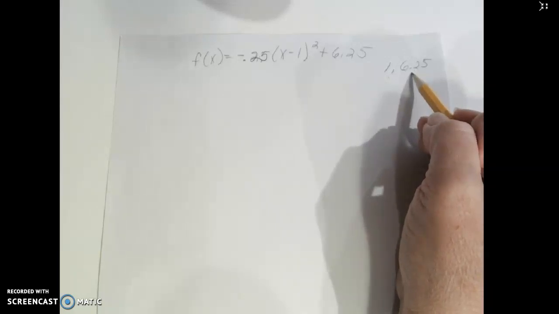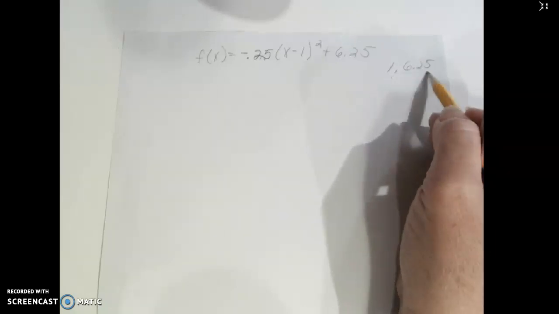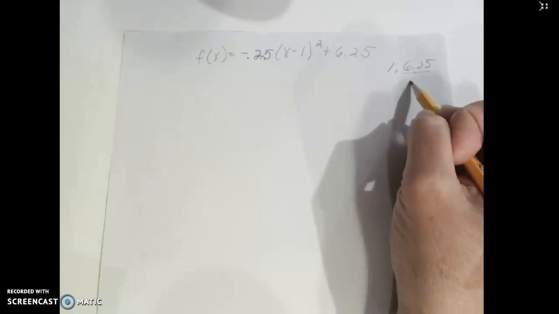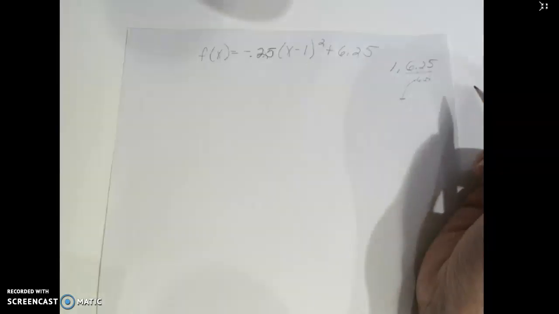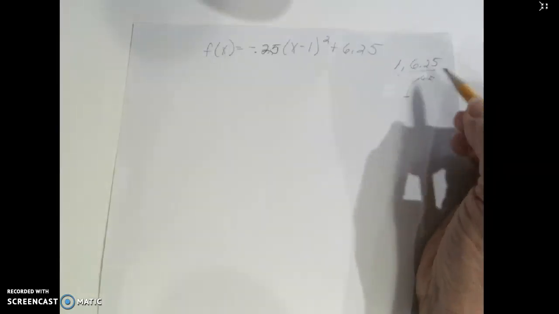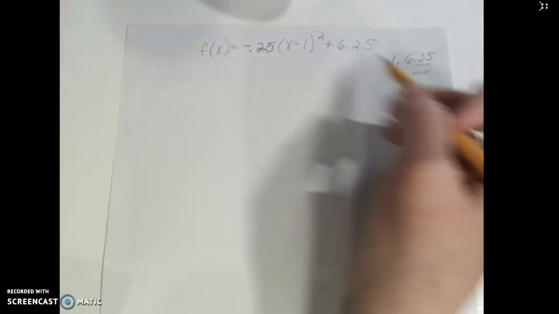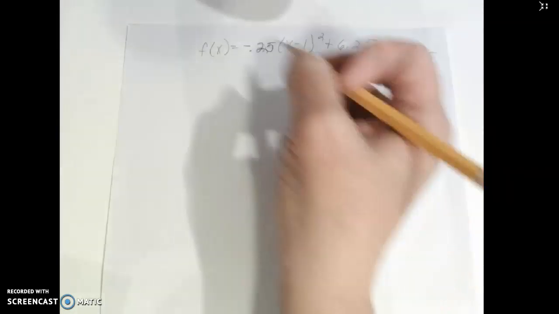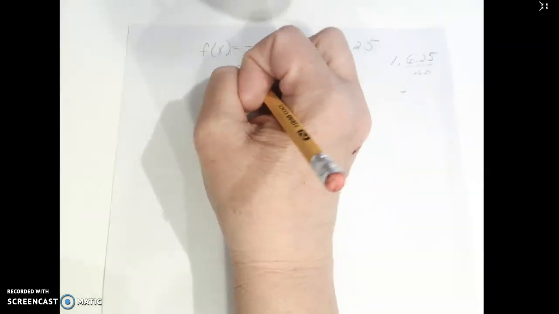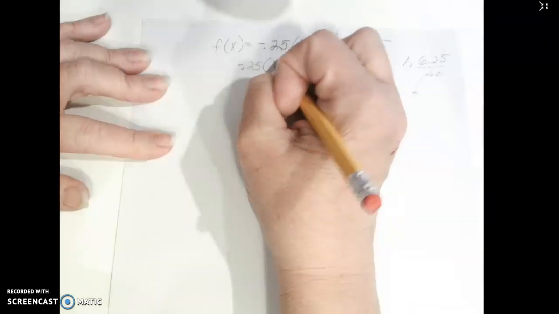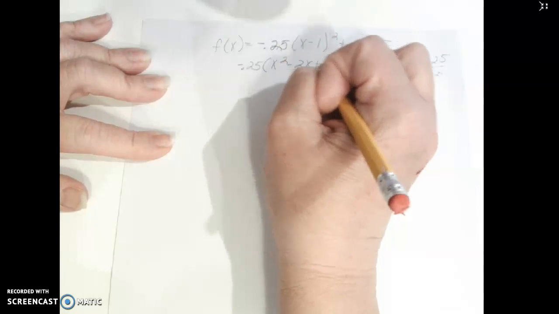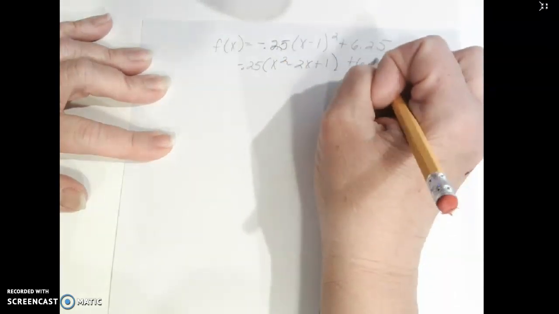Now if I want to find out the initial height, this 6.25 is the maximum height. That's how high the ball goes. We want to know where it was when she let go of the ball, and that's going to give us the initial height. So I need to put it into standard form. I'm going to keep the negative 0.25 out here, take care of what's in the parentheses, x squared minus 2x plus 1, and then add 6.25.